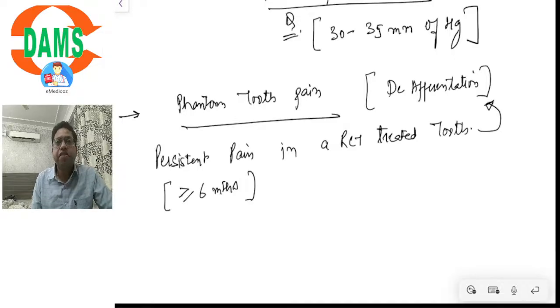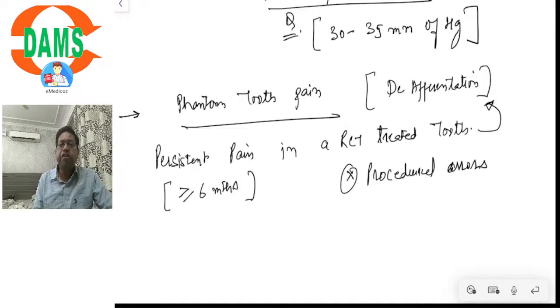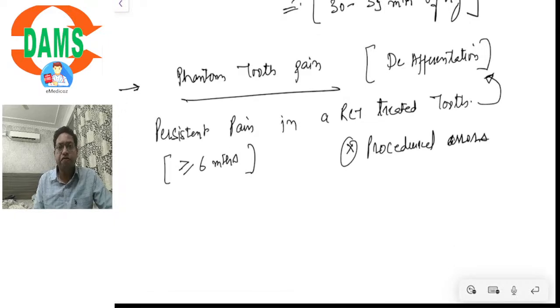Deafferentation has been done. But still, there is pain in the patient. RCT treated tooth means there are no procedural errors. A well treated tooth is there, and in such a situation, the patient's complaint of pain is known as phantom tooth pain due to the phenomenon called deafferentation.